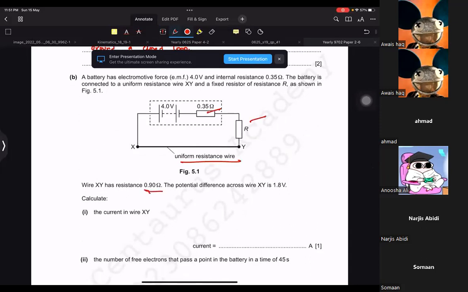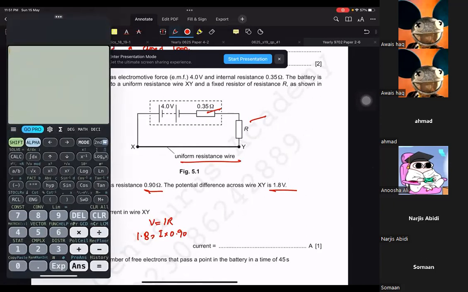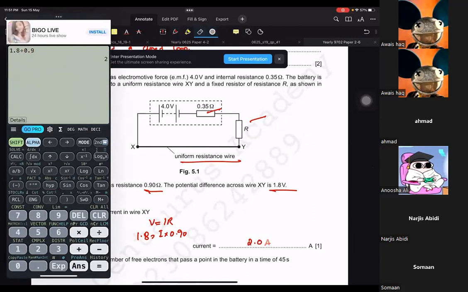Wire XY has a resistance, potential difference across this is given. What is the current? Pretty easy. So I think it should be 1.8 divided by 0.9, 2. Now please write 2.4 and don't write A again.